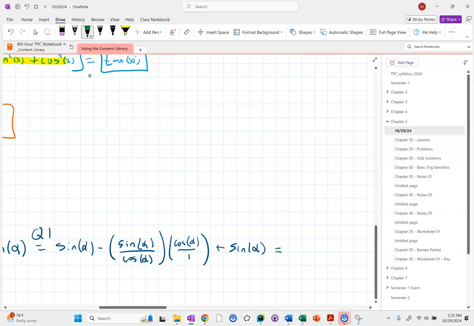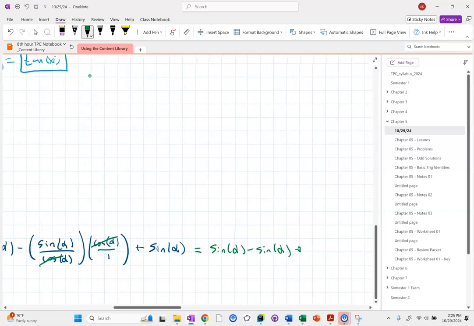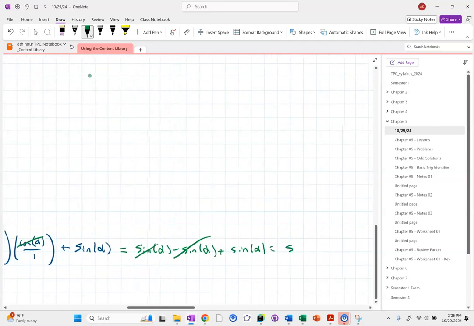There are two good algebraic things to do here. The cosines cancel. Great. So we're left then with sine alpha minus sine alpha plus sine alpha. What can I do with that? You can cancel through the sine alphas. Yep. So we're left with just sine alpha. You got it.